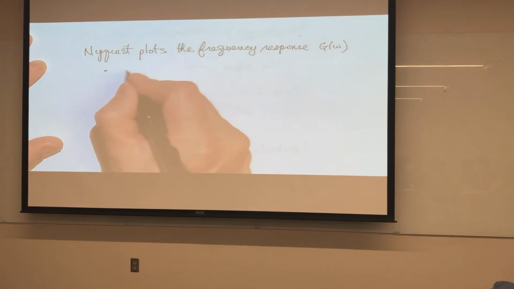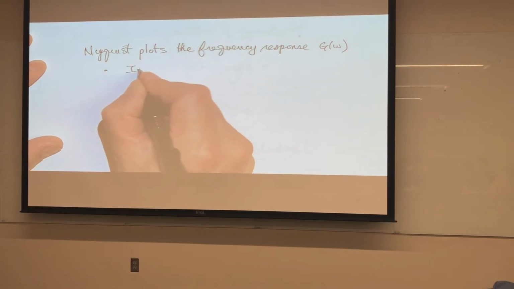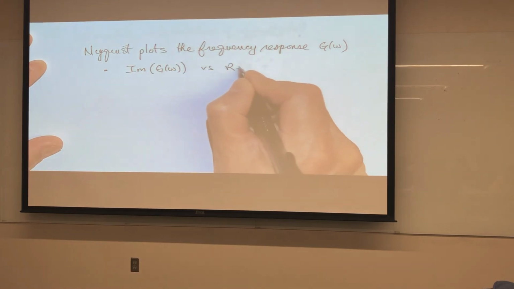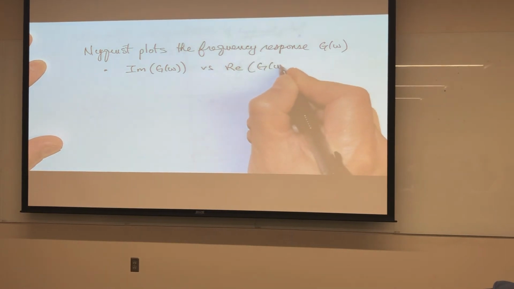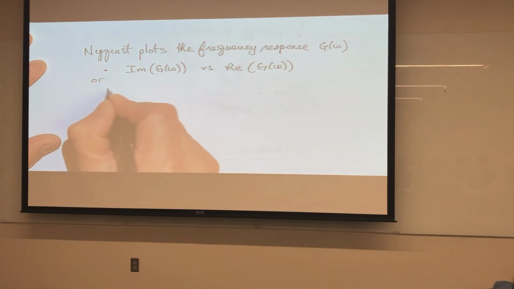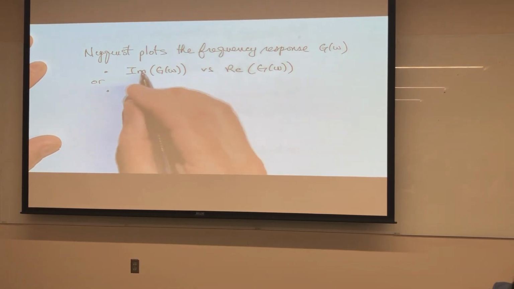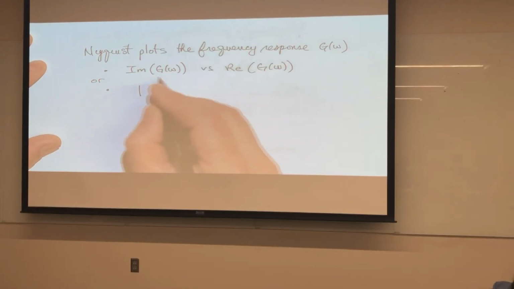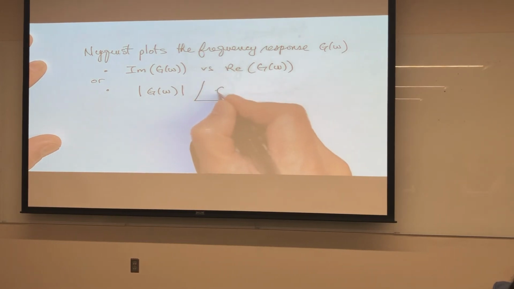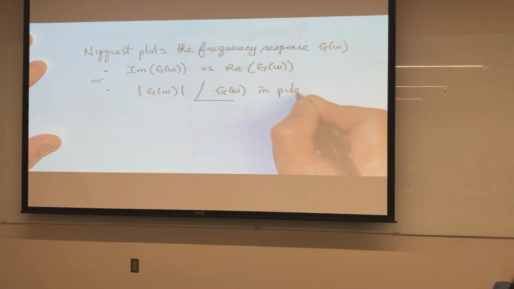You can interpret it as imaginary part of g of omega versus the real part of g of omega. Okay? Imaginary versus real. Or you can think of it as the magnitude of g of omega and the angle of g of omega in polar coordinates. Okay.